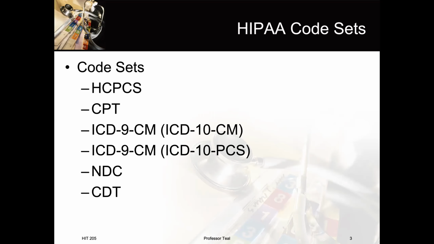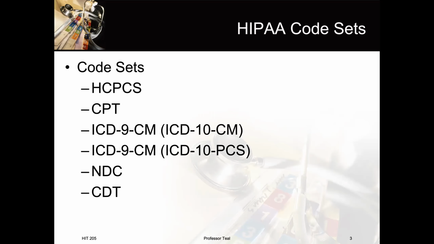Now, your procedure codes will vary depending on setting and for whom you're billing. So if you're in an inpatient environment billing for the hospital, your procedures will be captured with ICD-10-PCS codes.